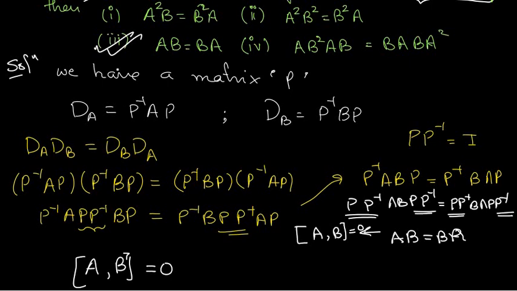So from this example, it is very clear that if two matrices A and B commute with each other, then they can be diagonalized simultaneously, or they have a common eigenvector.